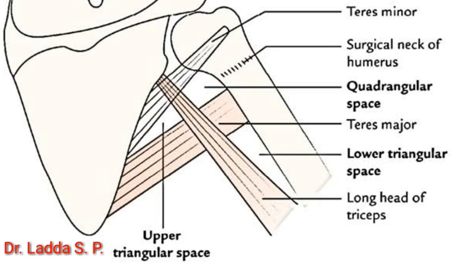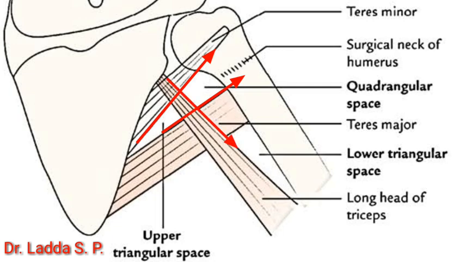If I consider the first space, the quadrangular space, look carefully. The quadrangular space is superiorly bounded by a muscle, the teres minor. It is inferiorly bounded by its sister, the teres major.